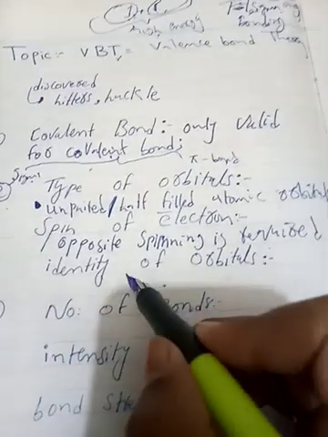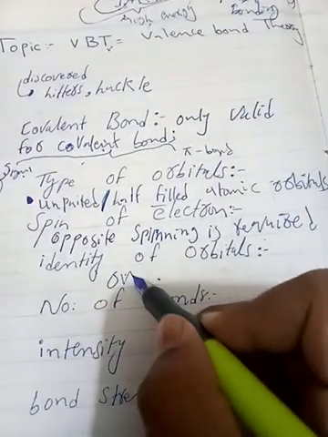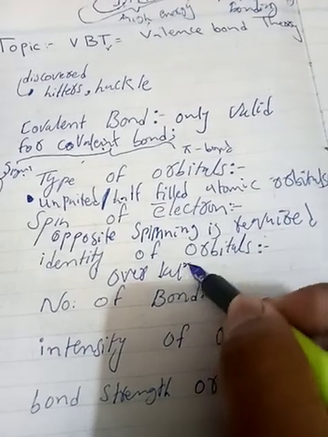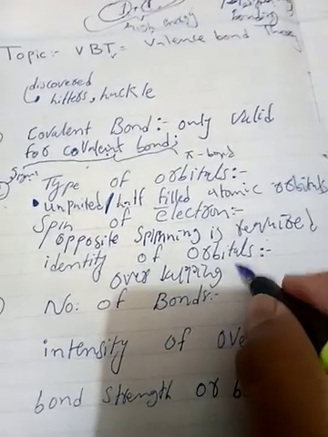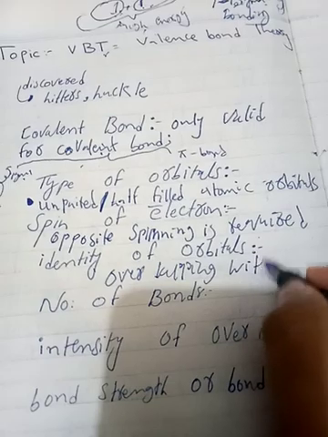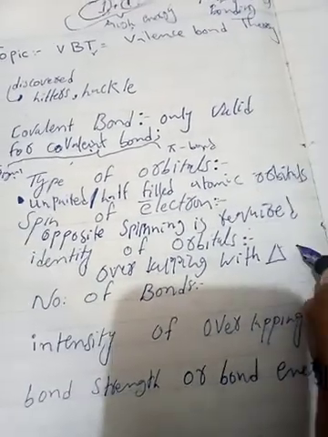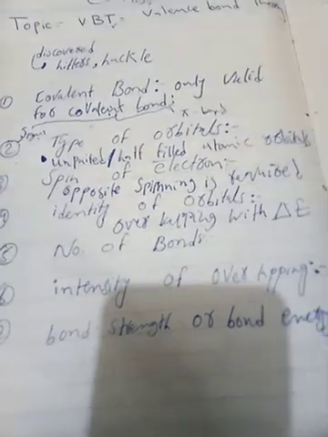So the identity of the orbital will be overlapping, and the energy will change, with delta E there. Delta E means change of energy.